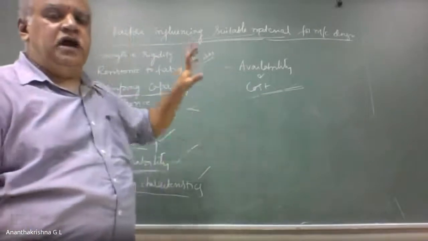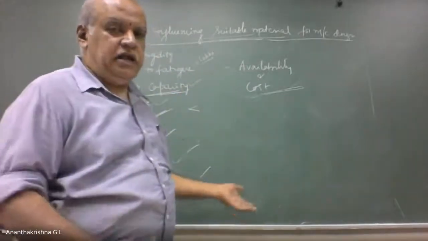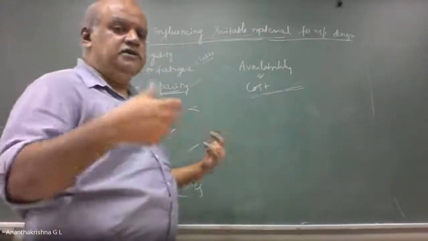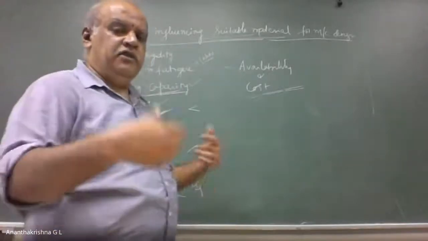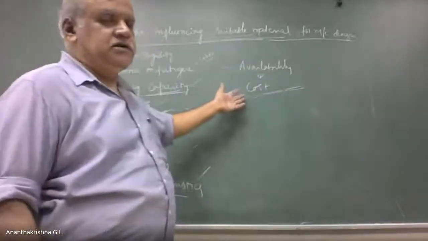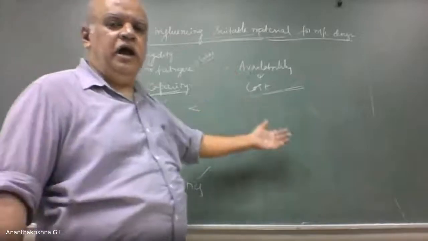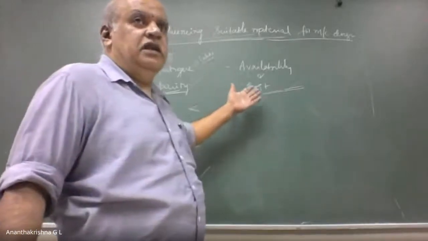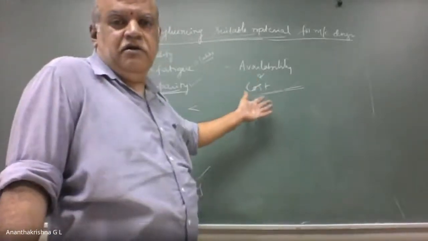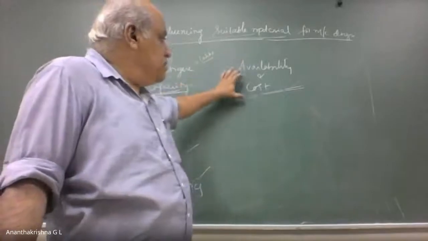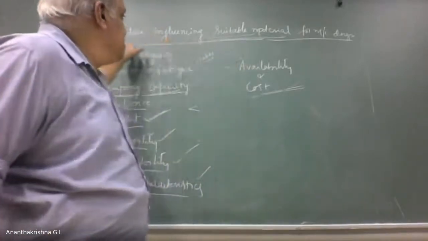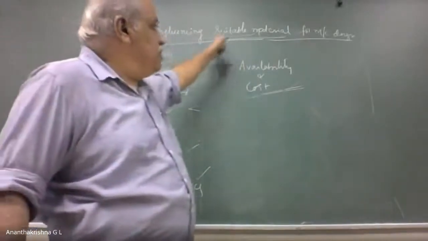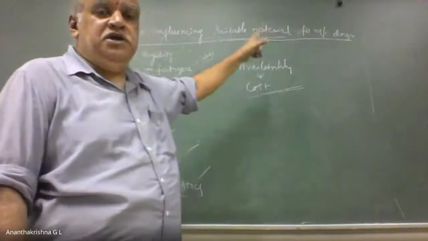If you design all the parts using titanium, it will be strong. Its tensile strength is too high. Everything is excellent, but the cost of titanium is too high, so you cannot use titanium for all applications. Therefore, availability and cost also play a major role in selection of suitable material in machine design.